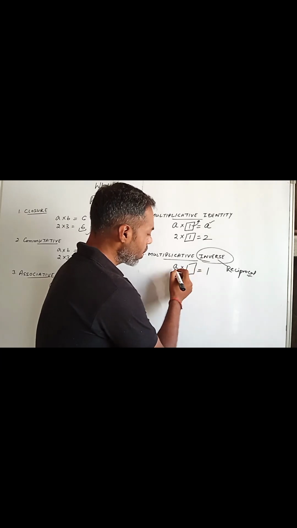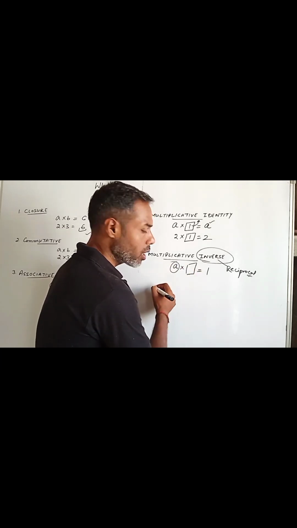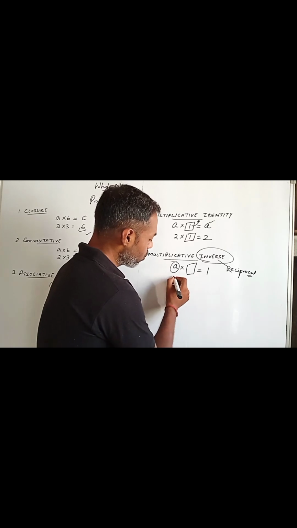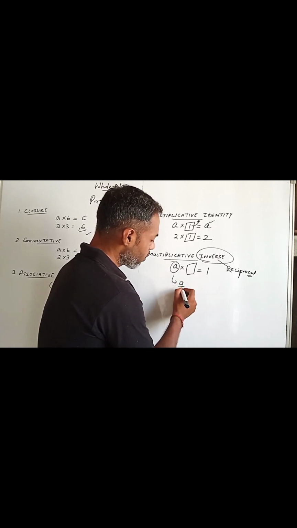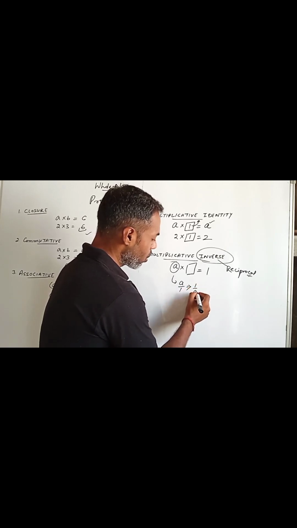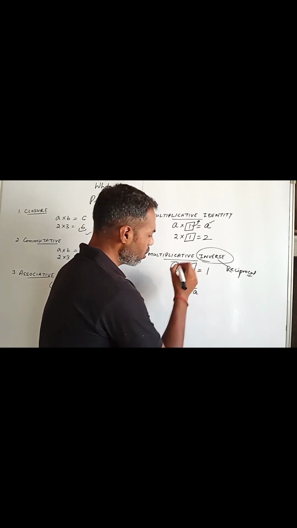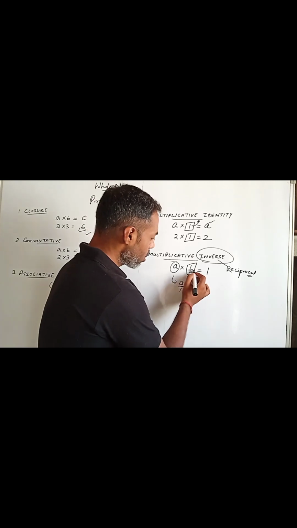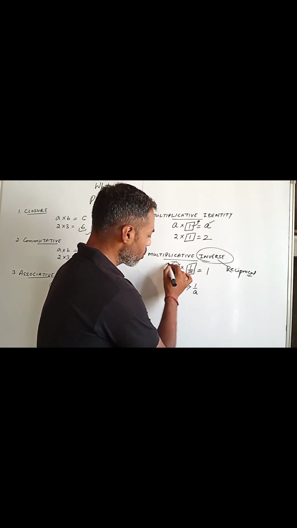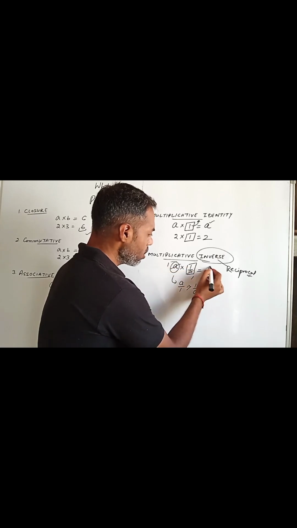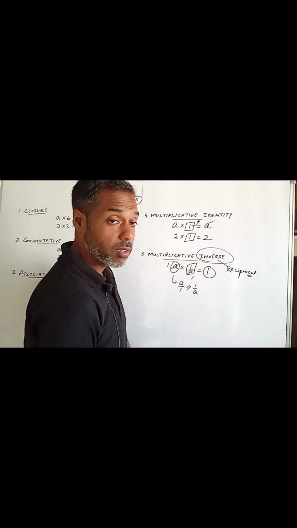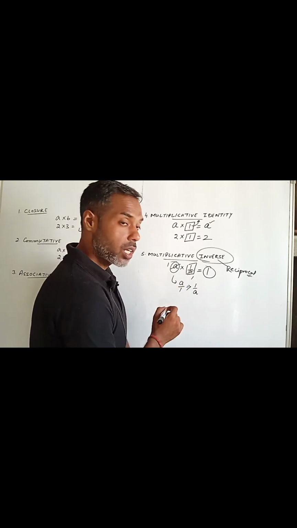So we always write the reciprocal of the given number. A means A upon 1, and the reciprocal of A upon 1 will be 1 upon A. So we write 1 upon A. When A and A cancel out, we get 1. This is called the multiplicative inverse.